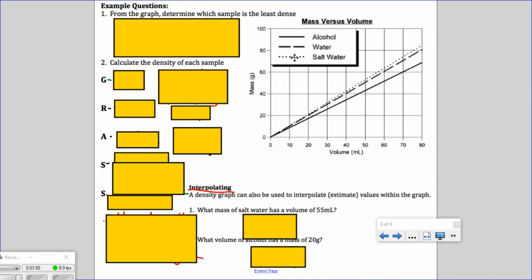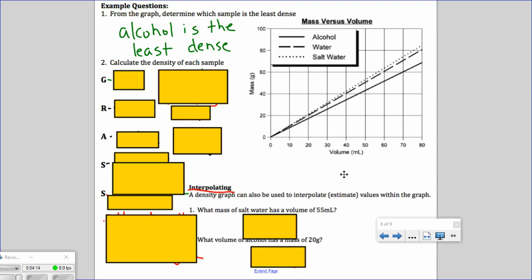And the dotted line is that of salt water. From the graph, we can determine which sample is the least dense, so which has the lowest density. That will be the substance with the lowest slope. In this case, it's the one with the solid line, which is alcohol. So we can say alcohol is the least dense.